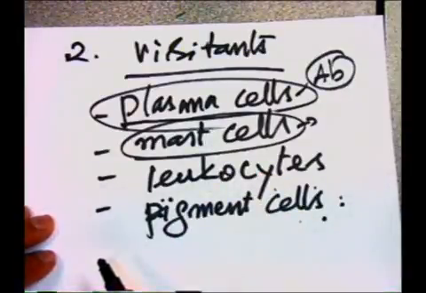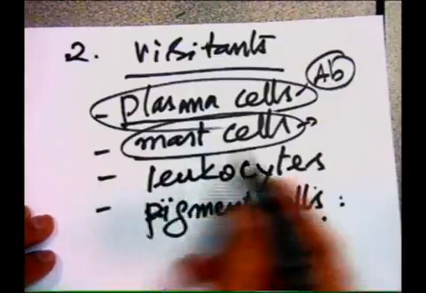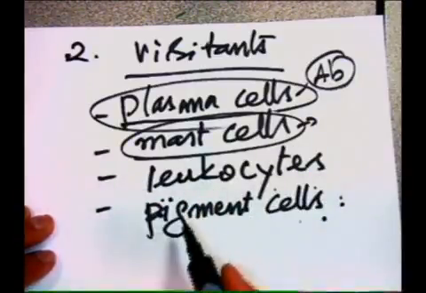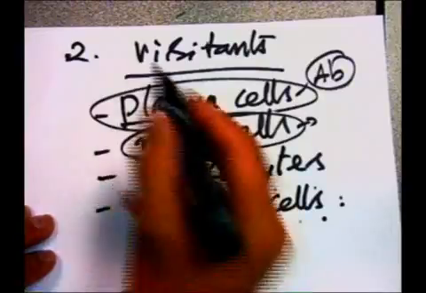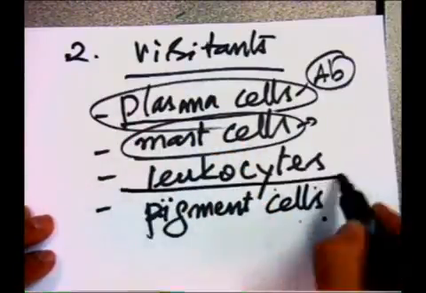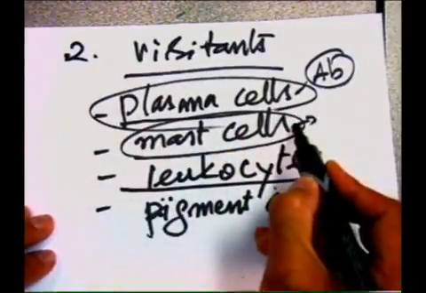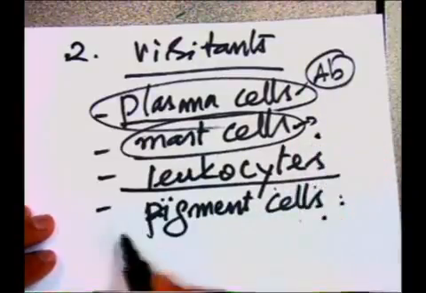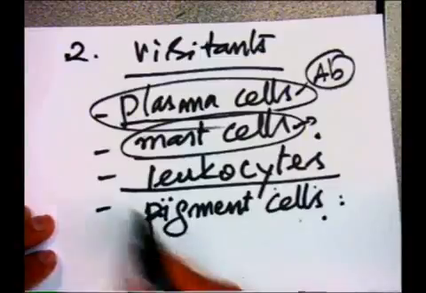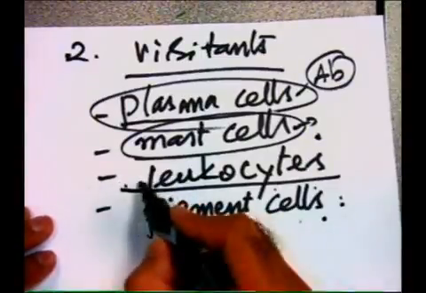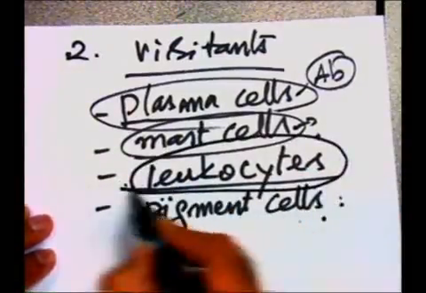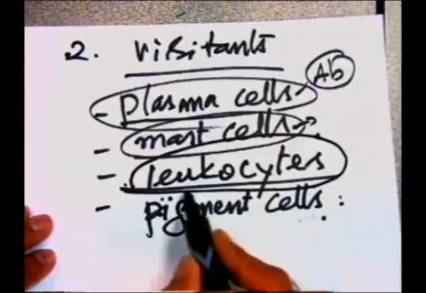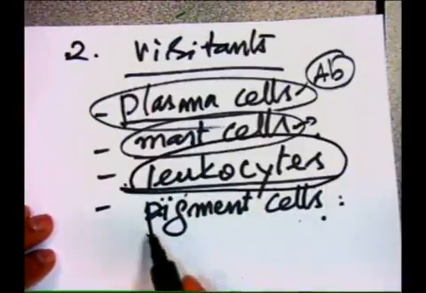So mast cells will migrate towards the point of injury, and they are visitant cells. Also leukocytes: the histamine causes vasodilation, and vasodilation will attract more white blood cells, or leukocytes, which will reach the site of injury.